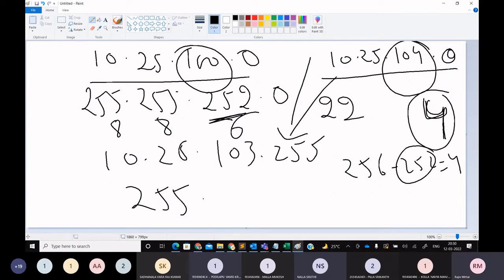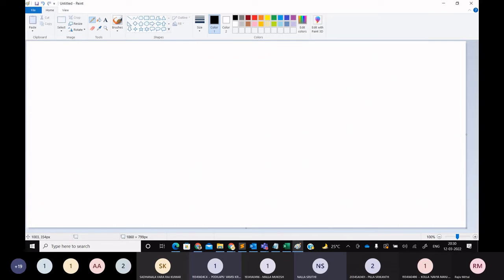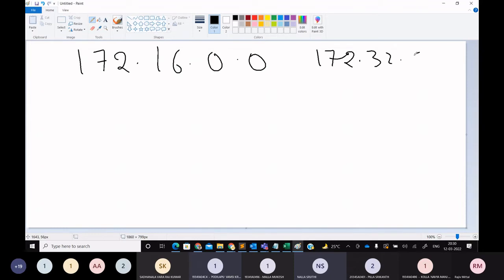So let me give you one more example. Okay, so what will be the subnet mask for this? The difference is 16. Okay, so what is the subnet mask?